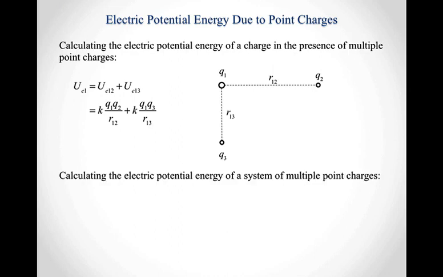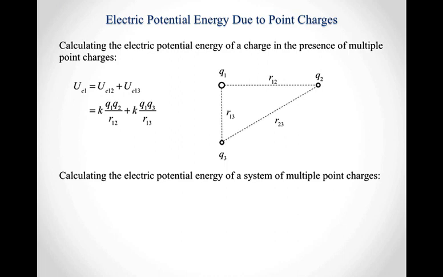If I want to now think about the electric potential energy of the entire system, so Q1, Q2, and Q3 make a three-charge system, I can calculate the electric potential energy of the system by including all of my interactions. So when I thought about the electric potential energy of Q1, I just included the electric potential energy due to the interaction between Q1 and Q2 and a second term for the interaction between Q1 and Q3.